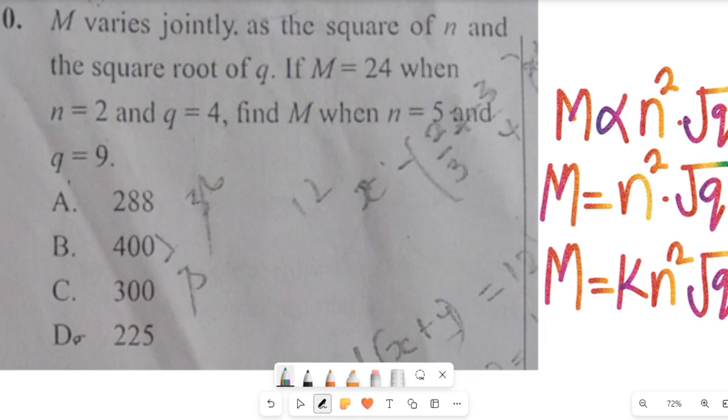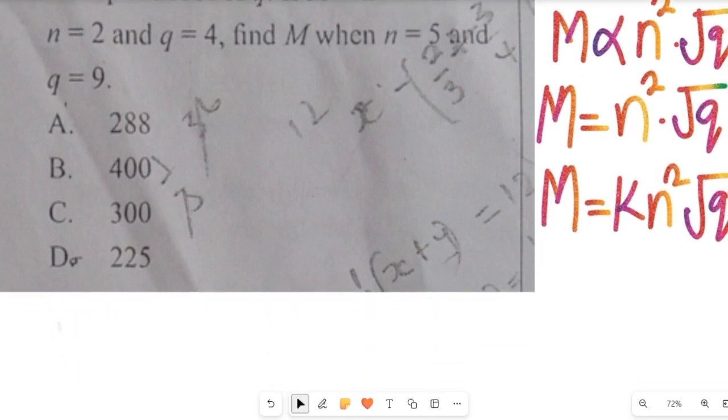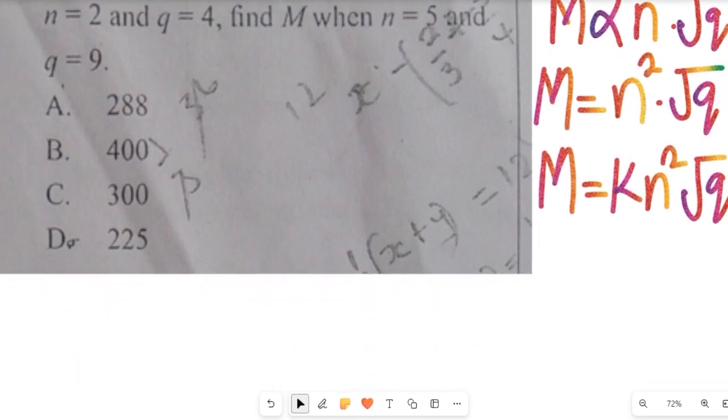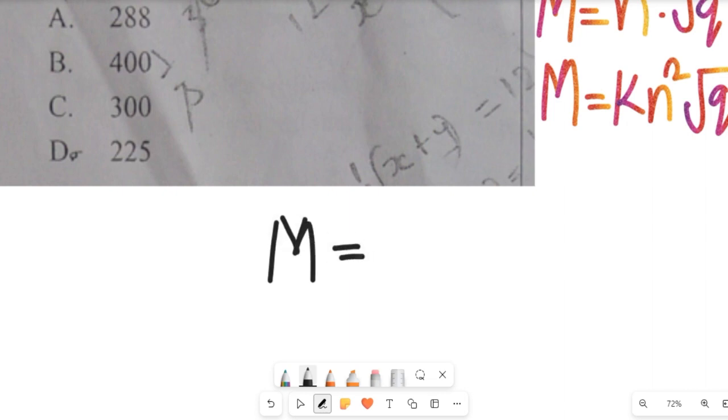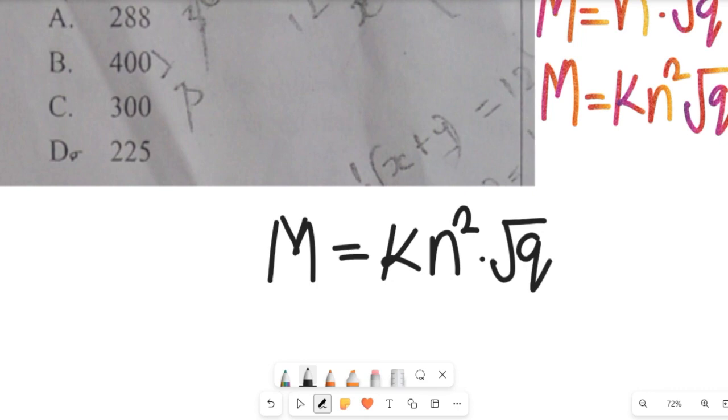And what does that tell us? That simply tells us that the k has replaced the proportionality sign. So we'll have m equal to k multiplied by n squared multiplied by the square root of q.